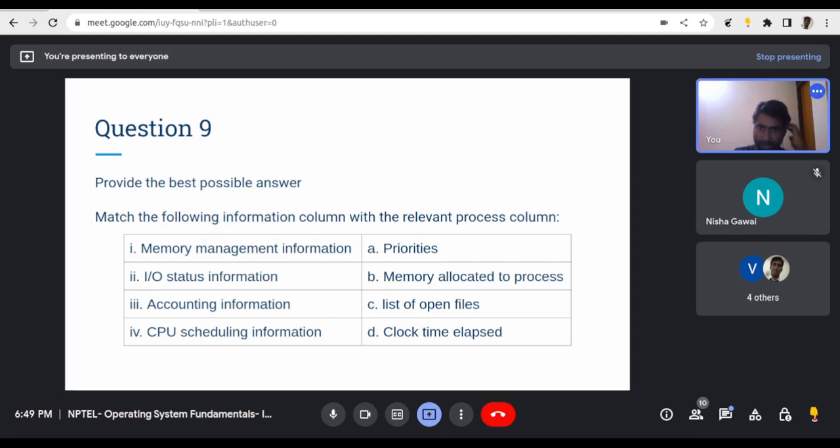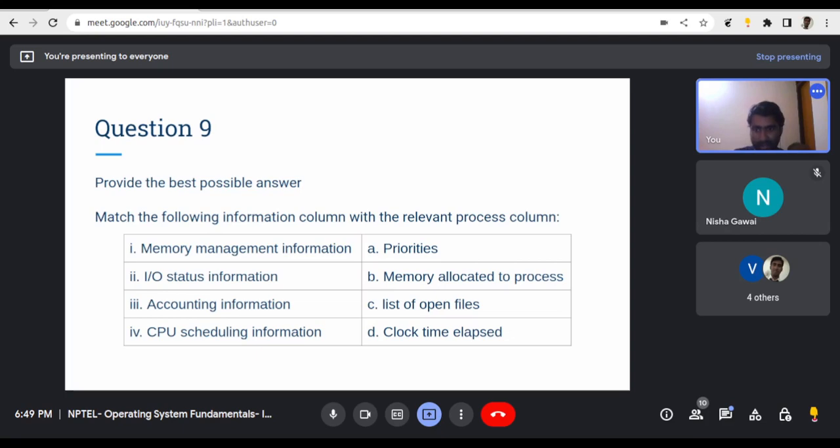So anyone would like to contribute? One matches with B. Okay. Chirag says one matches with B. Okay. Anyone else? The memory management information is quite straightforward, as can be seen. That is memory allocated to the process. So yeah, 4 matches with A. Okay.